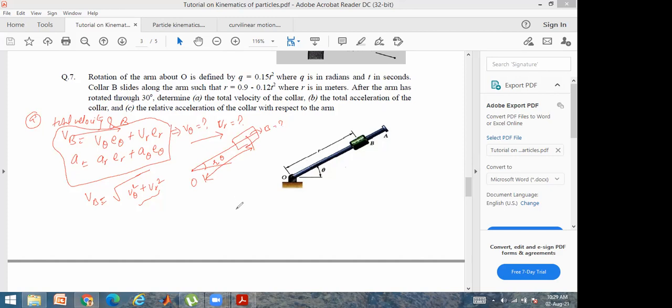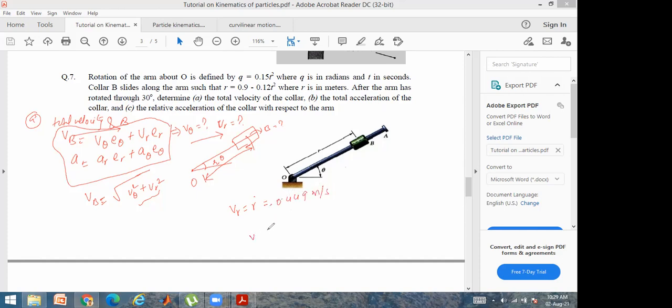So vr equals to r dot, r dot हामीले अघि नै निकालिसकेका छौं, 0.449 meter per second, नेगेटिभमा छ.